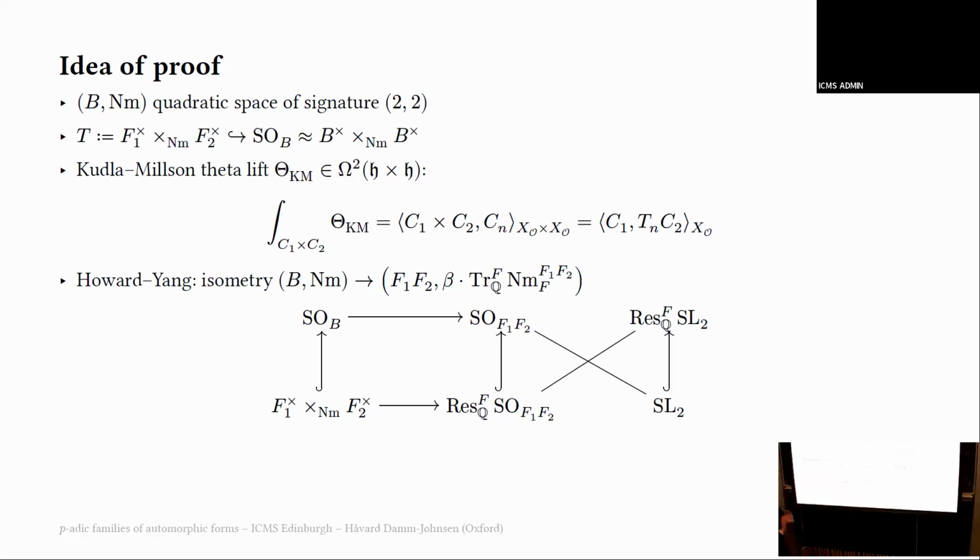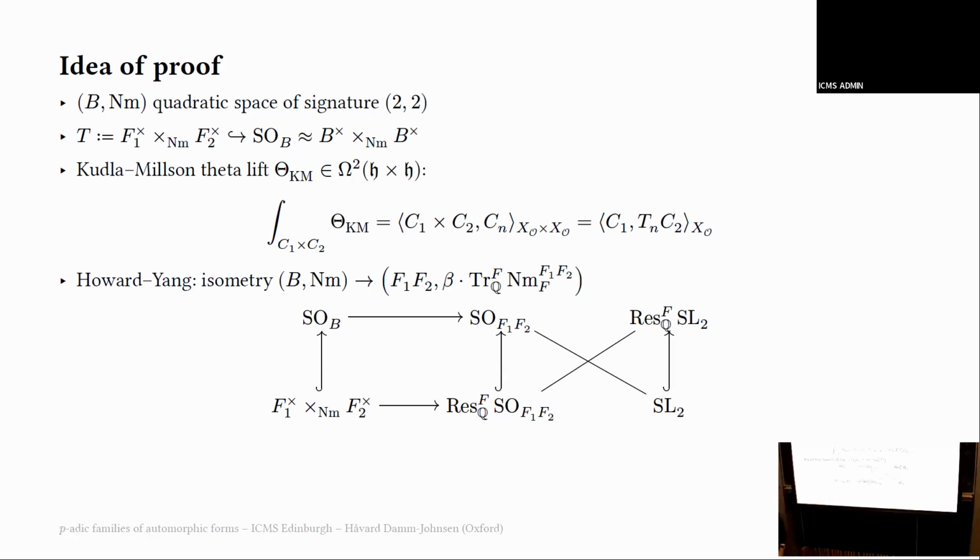On the other hand, the theta lift from SL2 to SO(F1, F2), and then integrating over the embedded thing on the bottom, is what gives you the intersection numbers.